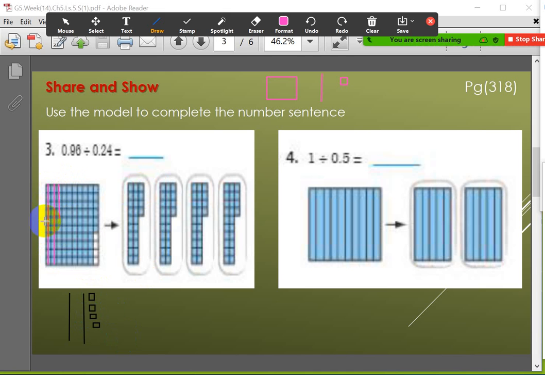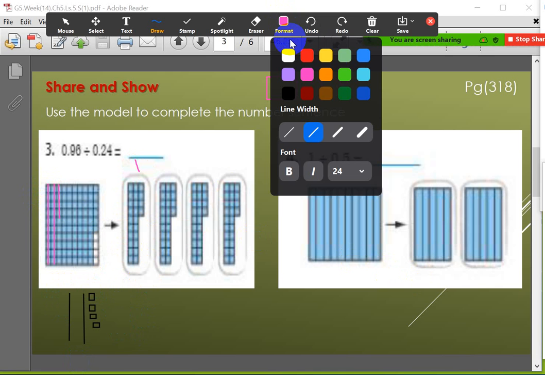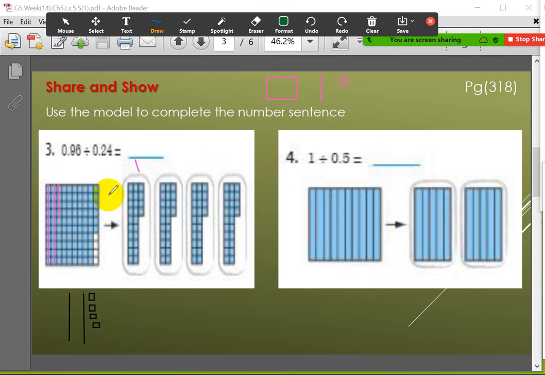Look, the pink here is what? The first group. Or as Larissa said, count, girls, count 24 small cubes. So you can do it in any way you want.